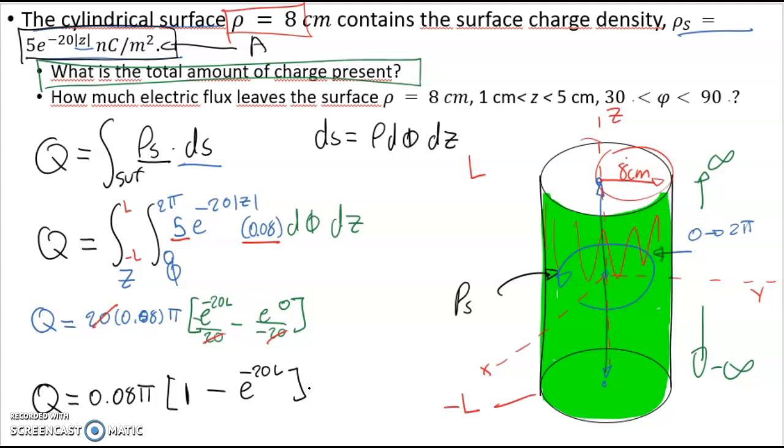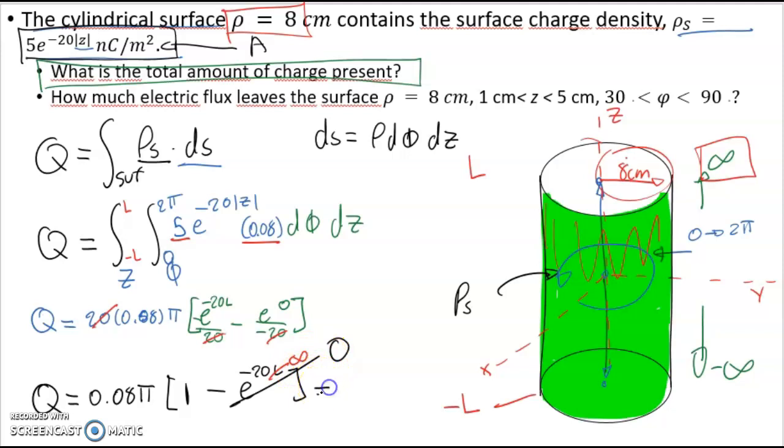Now, if we want to get a number, we just give a value to L. What if we analyze the case of an infinitely long cylinder? That means L equals infinity. If we do that, all this exponential section becomes 0.